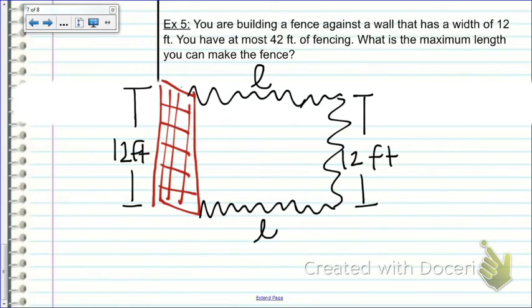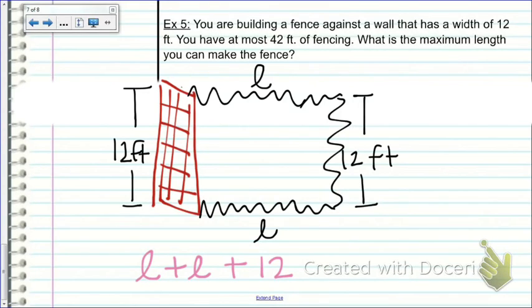Perimeter, which means I'm going to add everything together, right? Now, do I have to include the wall part? Am I actually putting fence against the wall? No. So how I'm going to have L plus what? 12. So that's all the fenced part.